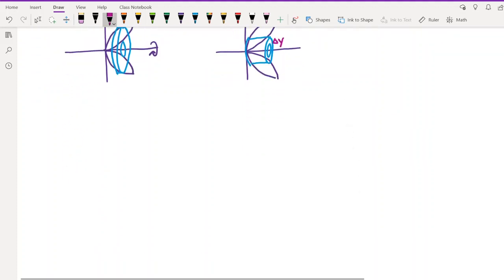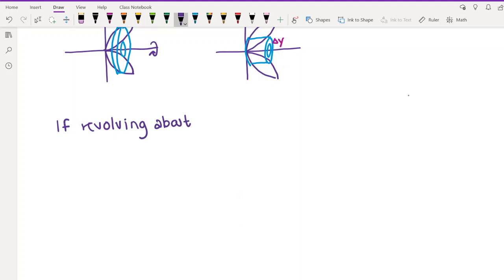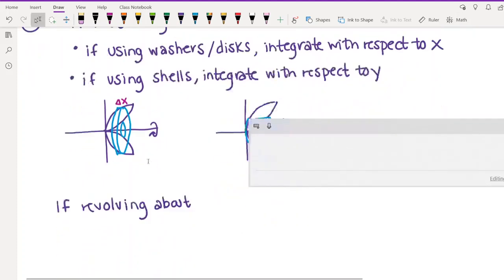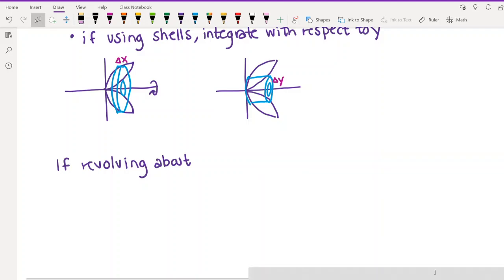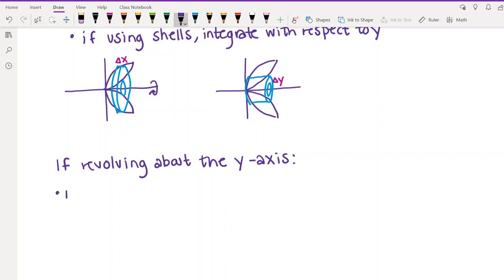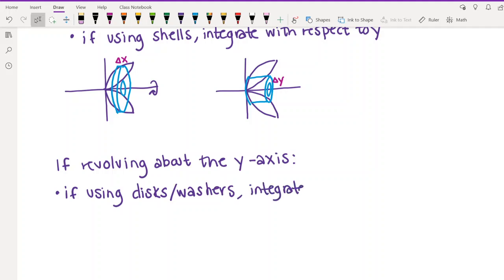Okay, so the other case is if you're revolving, how did I phrase it up here? Yes, if revolving about the y-axis. So if you're using discs or washers, that means that you're going to be integrating with respect to y.